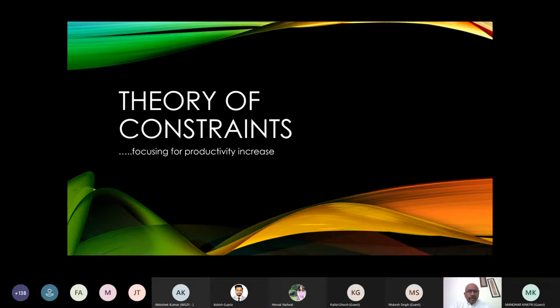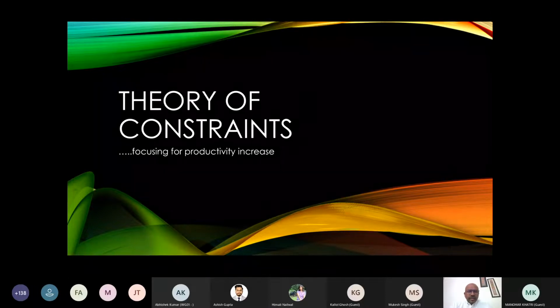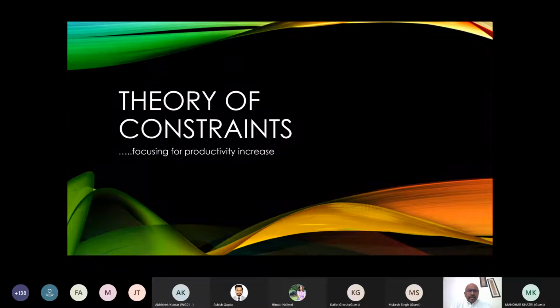Now, the reason why theory of constraints thrives or is well appreciated is because it has in its midst the whole three elements that make it a theory. That is the mindsets, methodologies, and measurements.